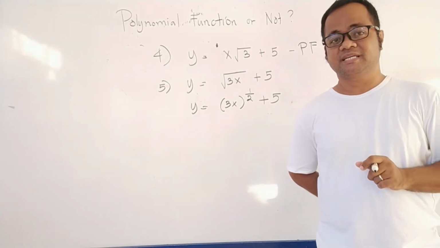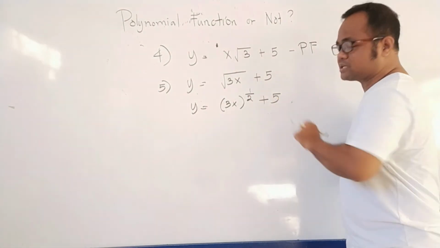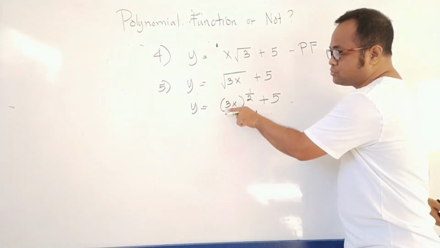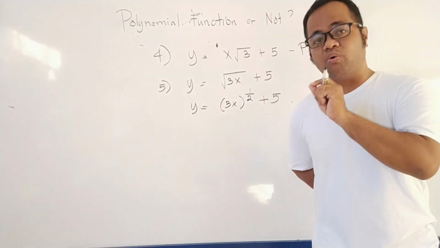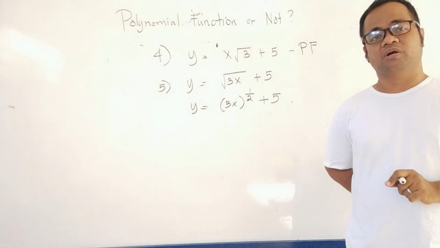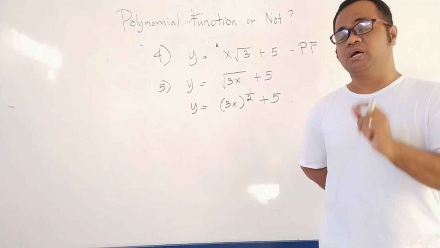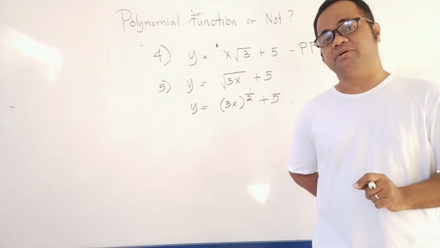Okay? So, what is the exponent of the variable x together with 3? It is 1/2. Is 1/2 a whole number? Oh, no. 1/2 is positive, but 1/2 is not a whole number.